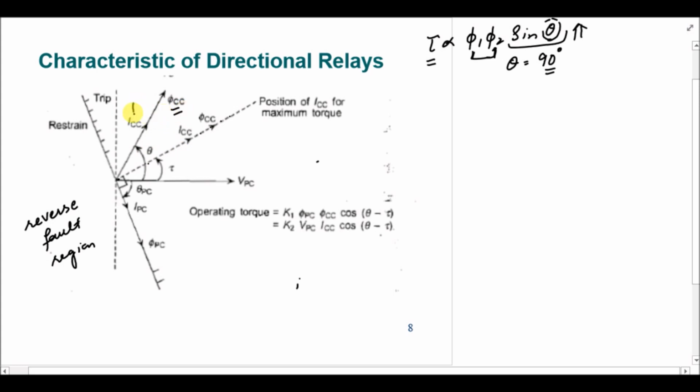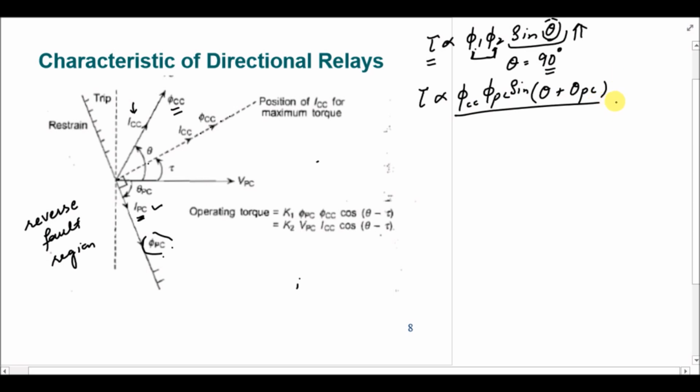One is due to ICC, which is from the current coil, and the other one is due to IPC, that is passing through the potential coil, which is phi PC. So in this case we have an angle theta between phi 1 and phi 2. Now we have two different fluxes. One is phi CC and the other one is phi PC, and the angle between these two fluxes is theta plus theta PC. So there is sine here, and torque is directly proportional to this value.